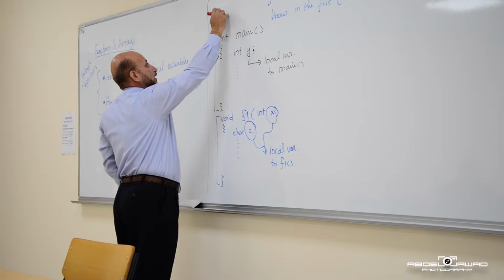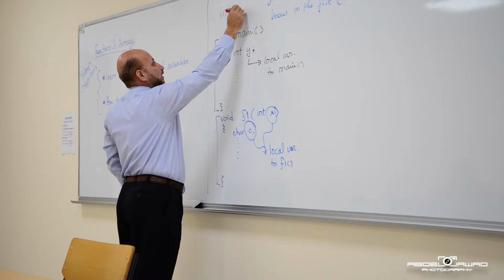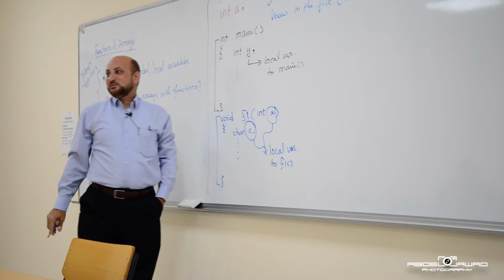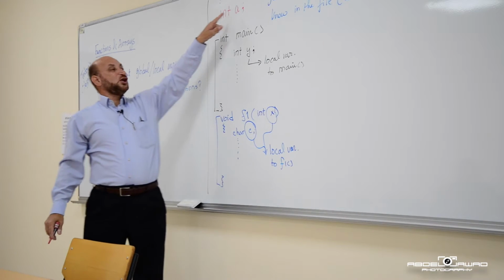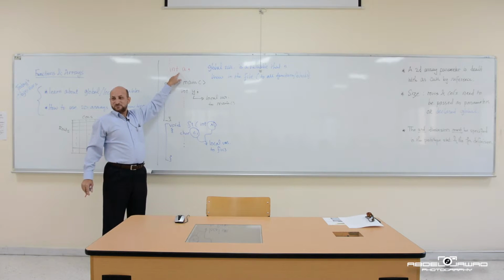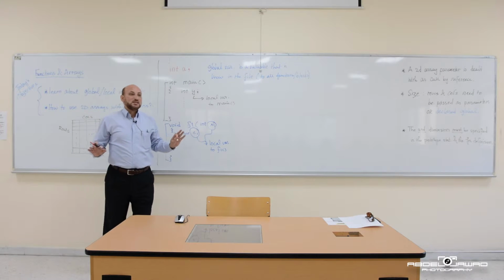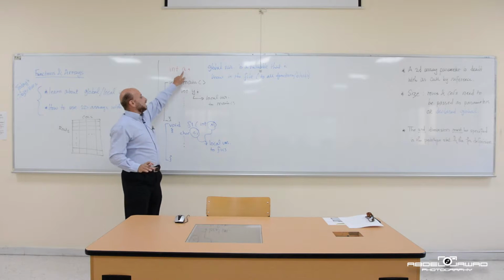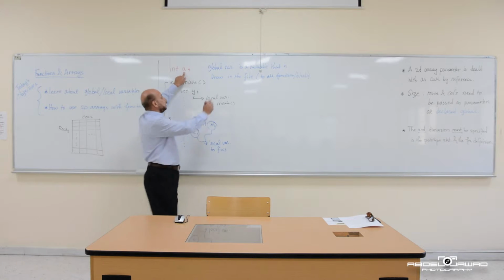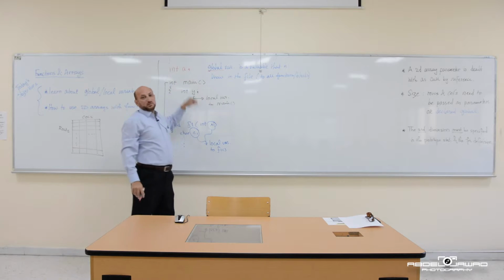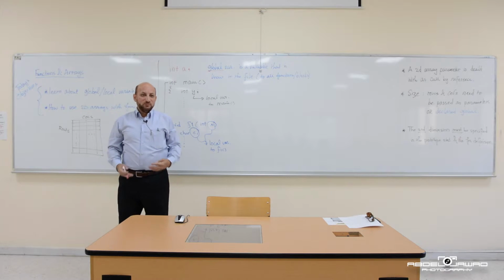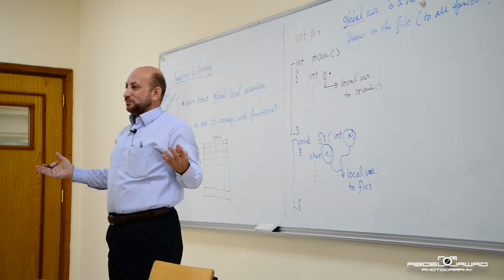So look at this one, int a. If you see such a declaration statement above main, outside any one of the blocks or functions that we have, immediately the compiler will understand that this a is a global variable, meaning I can access it from anywhere.